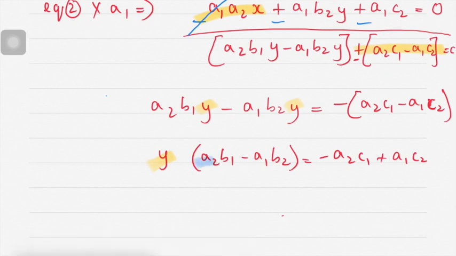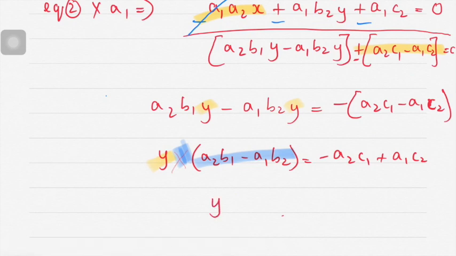Now this y I'll keep as it is, and this bracket I'll take to the other side. So here multiplication will become division.